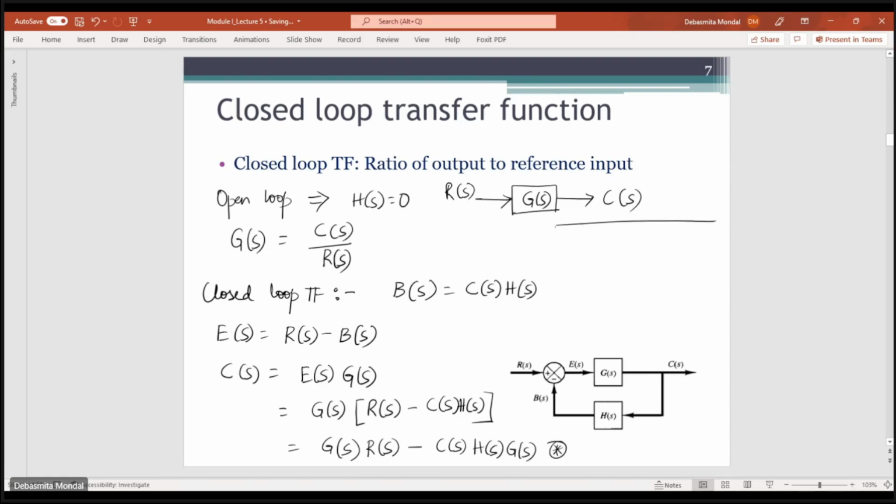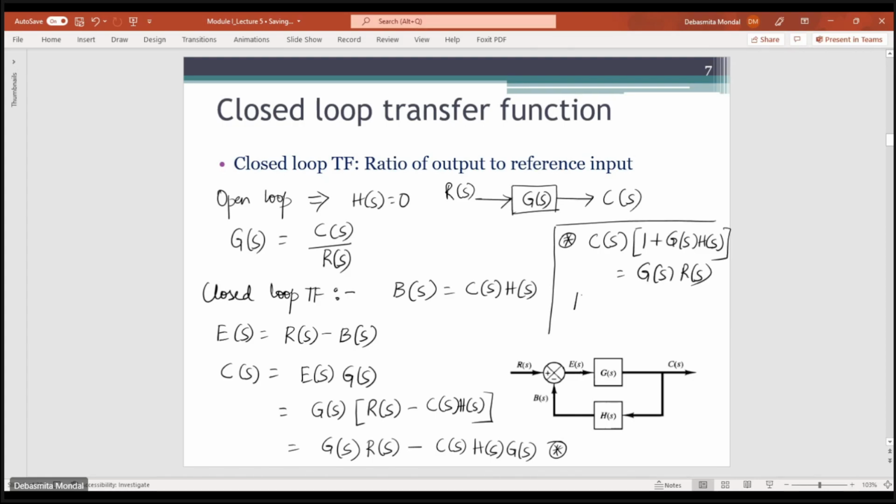So if you take this, C(s) multiplied by 1 plus G(s)H(s) will be equal to G(s) into R(s).